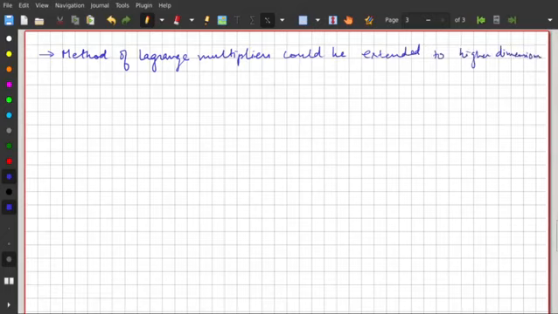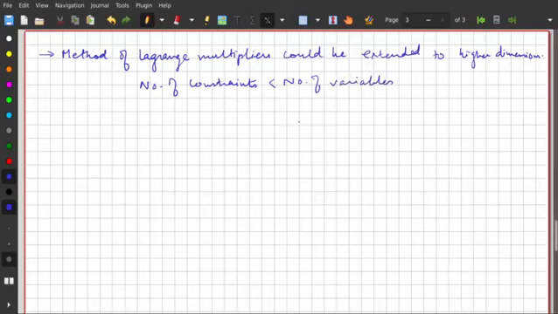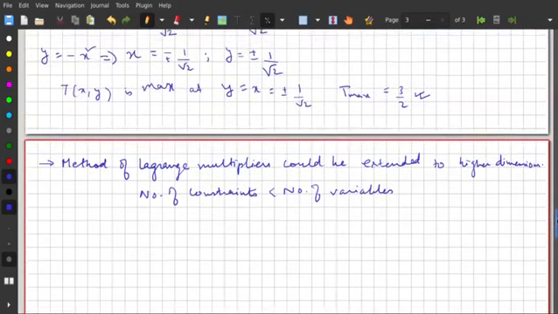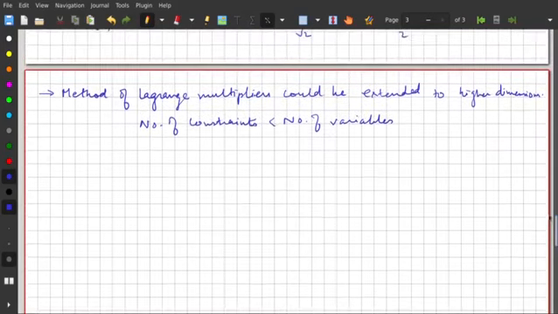The only condition that we need to keep in mind is that the number of constraints should be less than the number of independent variables that we are differentiating with, to prevent it from becoming an over-constrained problem. So that is the general setting where it works.